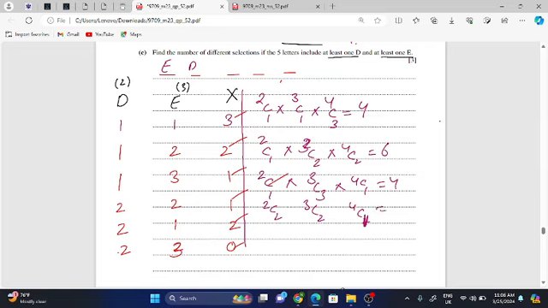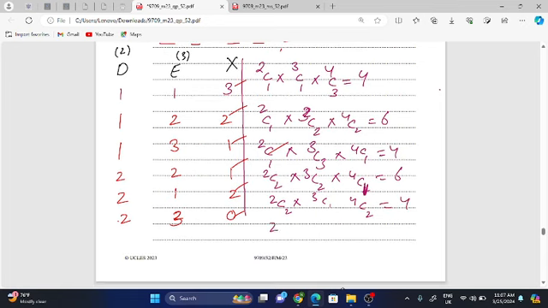So that is coming as again 6. Then 2C2, 3C1 and 4C2. That is coming as 4. And the last one, 2C2, 3C3, 4C0. That is coming as 1.